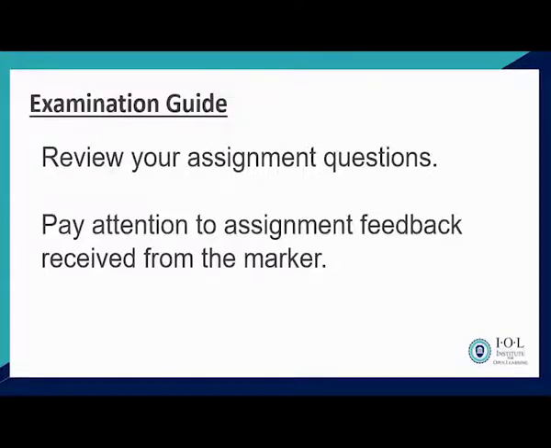So, after marking your assignment, I compiled together common mistakes that were made by students during the assignment. And I gave suggestions on how to do it better, how to avoid such pitfalls. So if you go through the assignment feedback, it will help you from repeating such mistakes in the examination.